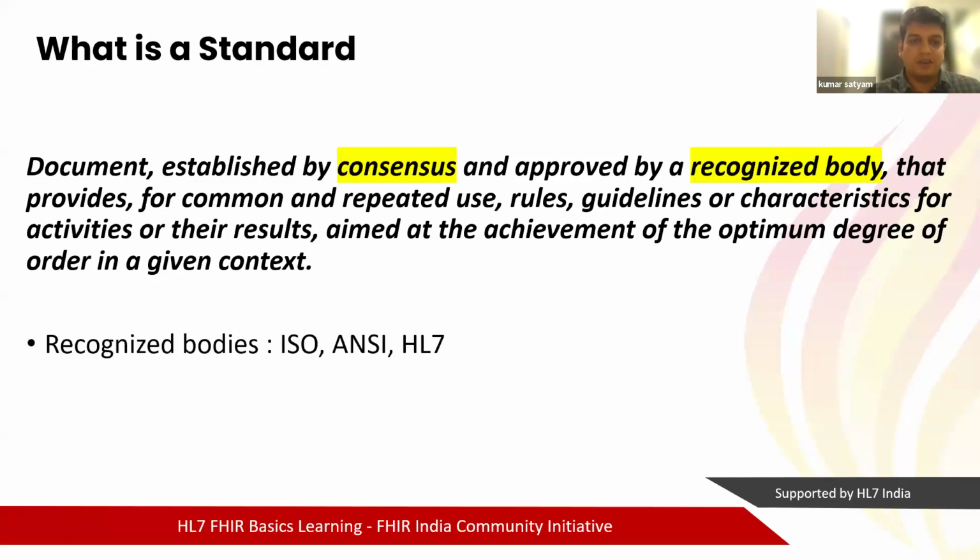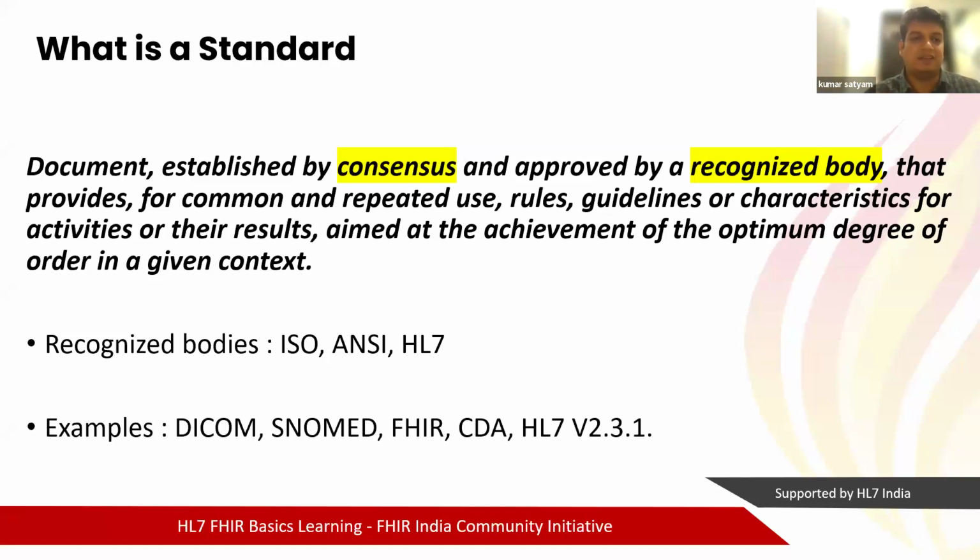In order to make a standard, there will be a recognized body like ISO, ANSI, HL7, who will create a specification, rules, guidelines, and pass it by consensus to be used across. If that happens, then a standard forms. Examples of standards are DICOM, SNOMED, FHIR, CDA, HL7 version 2.3.1, and so on and so forth.